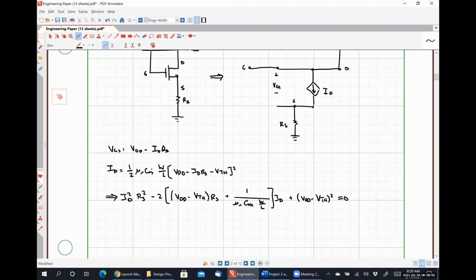We now can determine A, B, and C and figure out exactly what the operating point of this is. So from here, it's literally identical to what we did in the previous example.